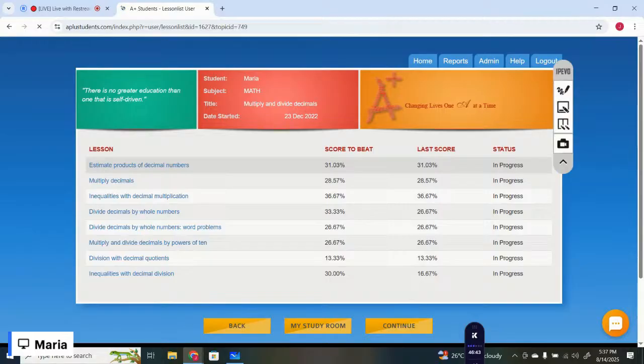The lessons we have covered today are estimate products of decimal numbers, multiply decimals, inequalities with decimal multiplication, divide decimals by whole numbers. So please make sure before the next session you can complete all the practice questions for the lessons we just did.